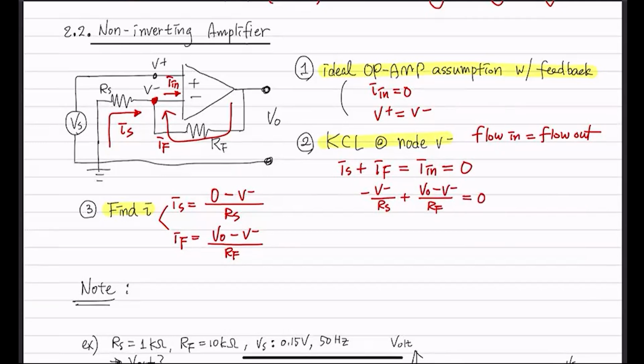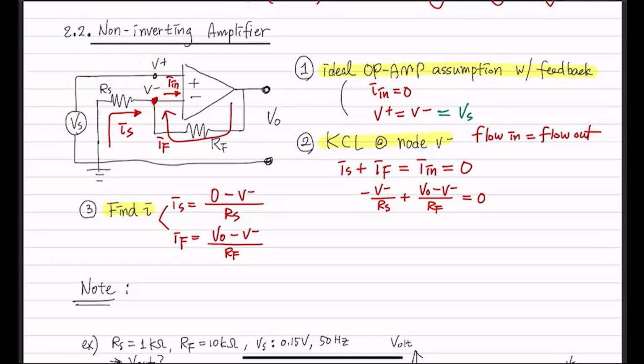Then we need to find out what V negative is. V negative and V positive in this case are going to be Vs, because Vs is the same as V positive, and V positive is the same as V negative, right?